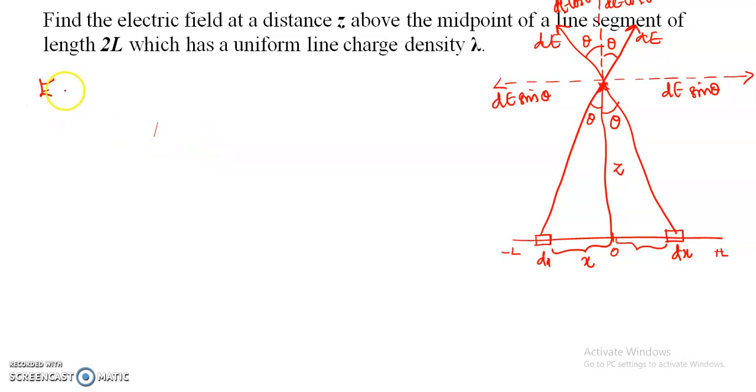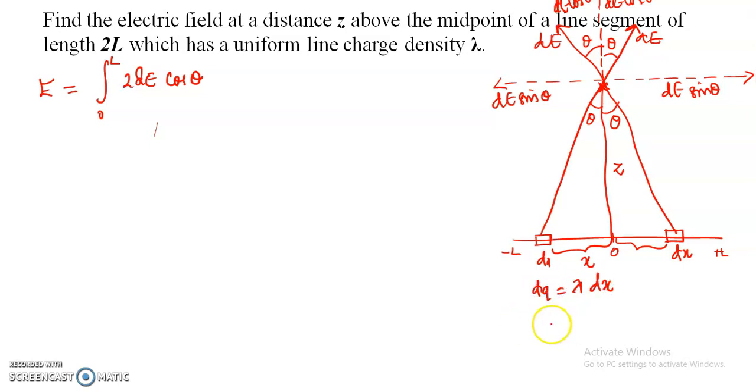That is, the total electric field E equals the integral from 0 to L of 2 dE cos theta. Here the limit is from 0 to L because we have chosen a pair of line elements in the two directions. This small element dx will have a charge dq equal to lambda dx.